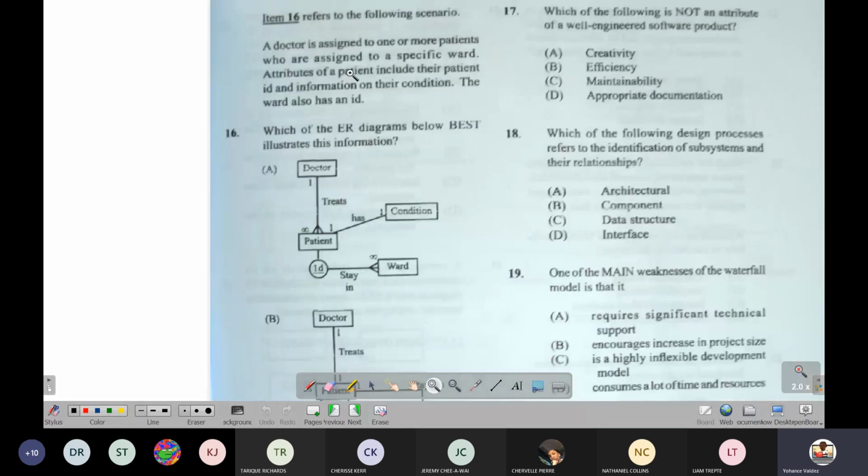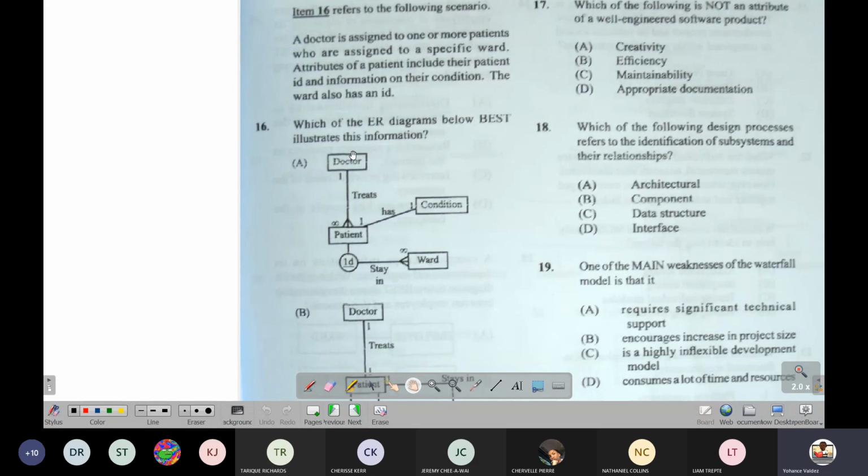This is now into module 2. We have the following scenario. A doctor is assigned one or more patients who are assigned to a specific ward. Attributes of a patient include their patient ID and information on their condition. So we know that attributes are represented as circles or ovals attached to an entity, right?